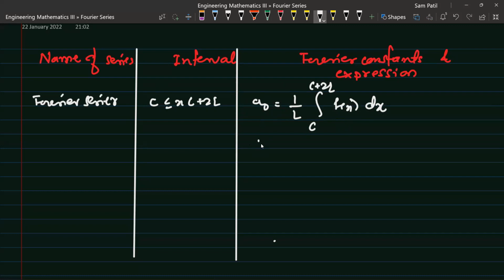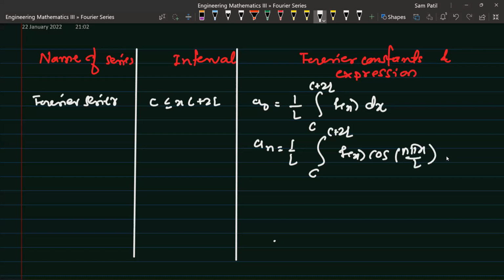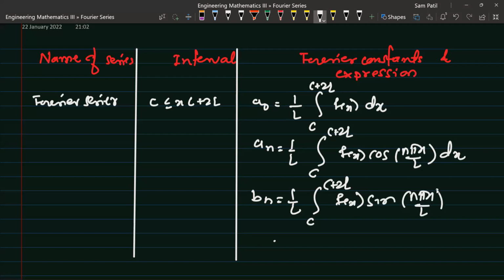Okay, so what is an? An is 1 upon L, integration from C to C plus 2L of f(x) into cos(n pi x upon L) dx. And what is bn? Bn is 1 upon L, integration from C to C plus 2L of f(x) into sin(n pi x upon L) dx.